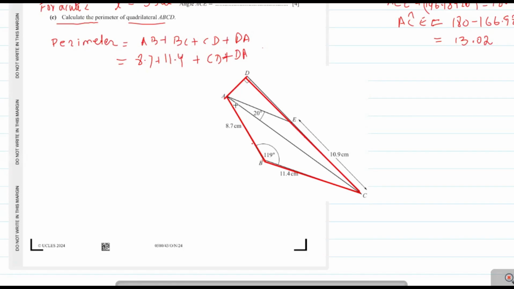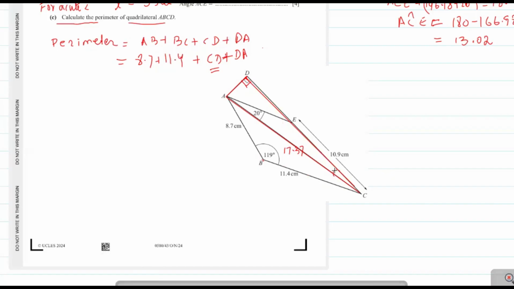Firstly, we calculate the length CD. Look here, this length CD we can calculate by taking the triangle ACD. This is the right angle triangle. In this right angle triangle, this length AC is given as 17.37, and this is a 90-degree angle.